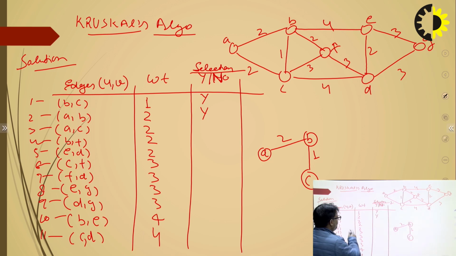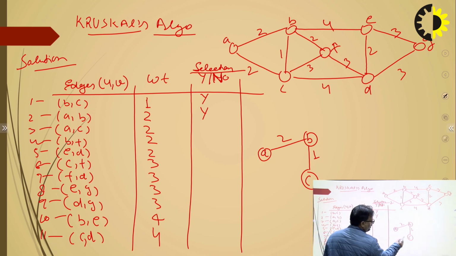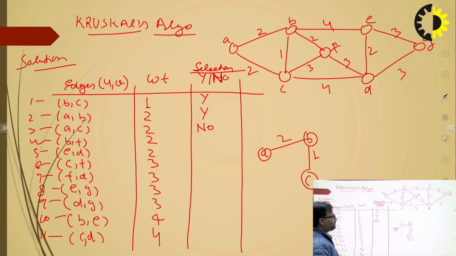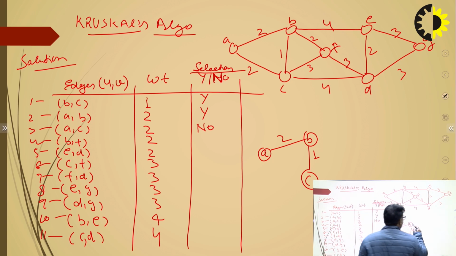A comma C: if we consider A comma C, it will create a circuit, so we will not consider it and write no. Next B comma F, value 2, yes.